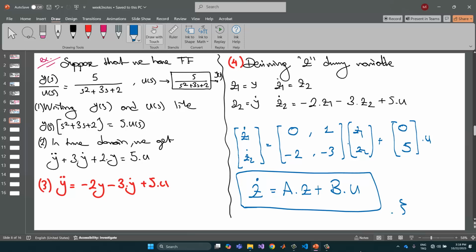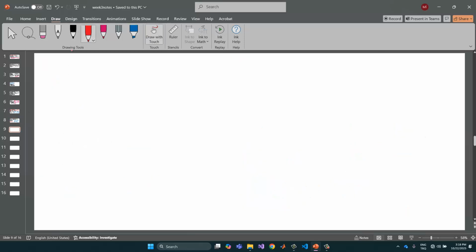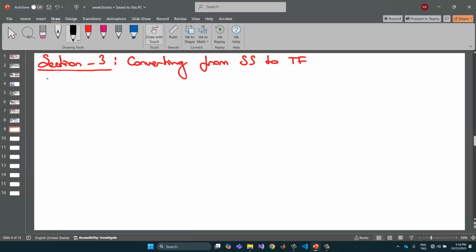Okay, and so in the third section, converting from SS to TF. The SS can be given by this one.